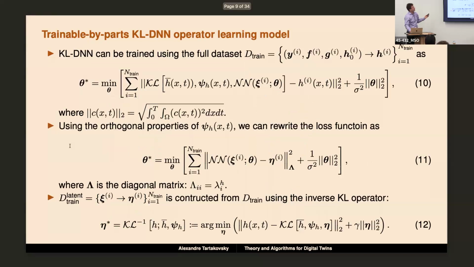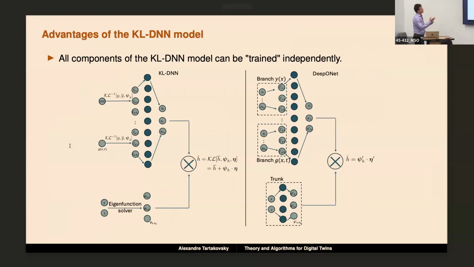So now, what are the advantages of this model? Well, the main advantage is that it can be trained by parts. What do I mean by trainable by parts? For example, this is a DeepONet architecture, if you are familiar with this approach. DeepONet consists of a trunk, which has x and t as inputs, and a second branch network.